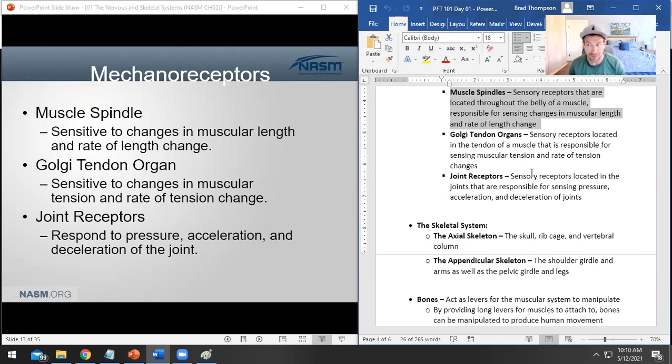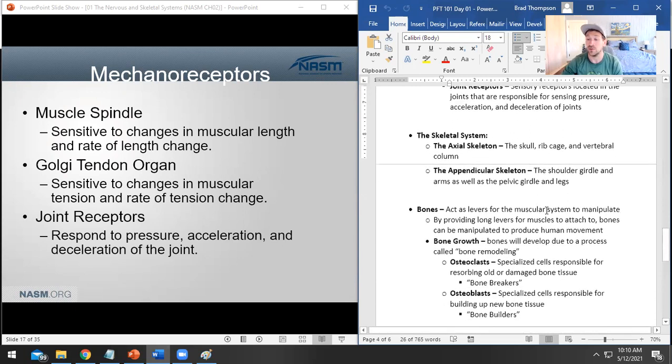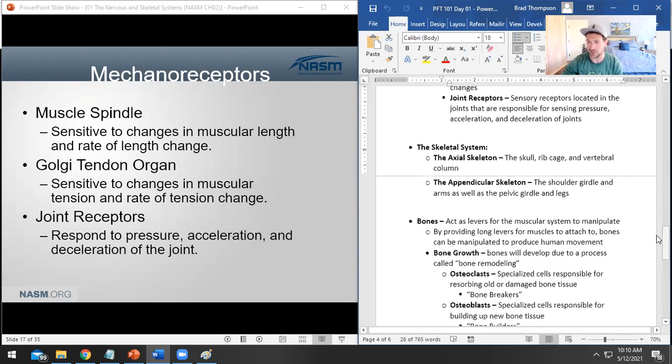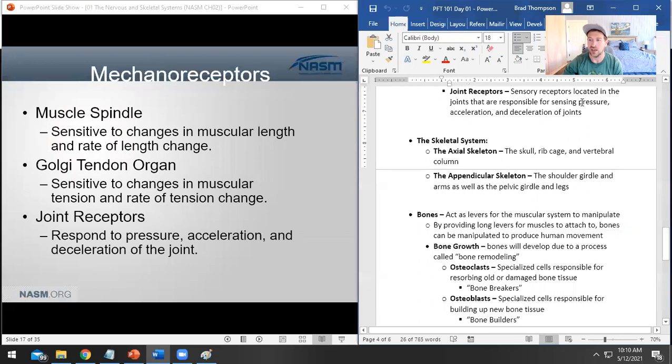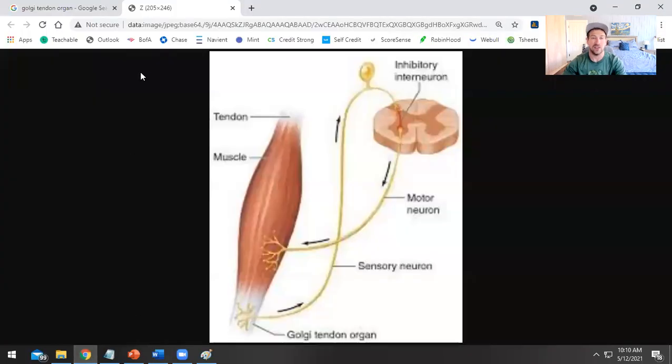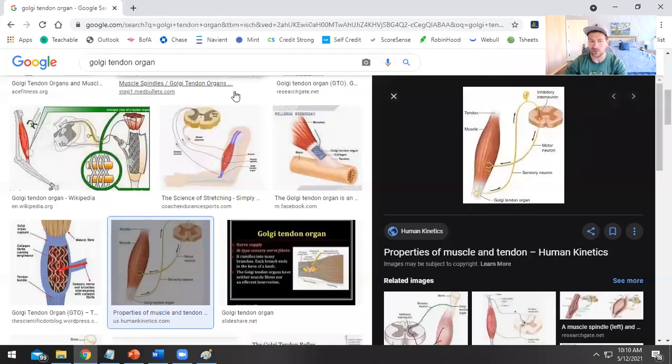Your brain does that. So your brain is going to take all that information in and understand where it is in space. Now, there are also joint receptors, which is going to pivot us into our skeletal system in just a second. Joint receptors live within the joint. They're more of a skeletal system situation.